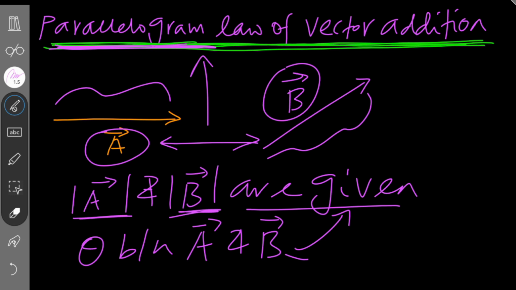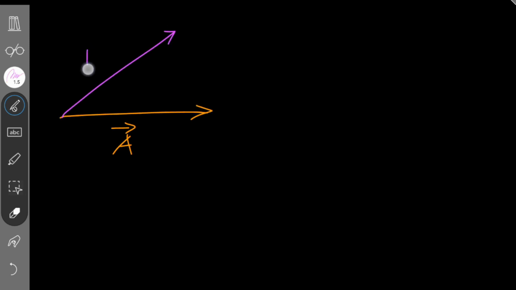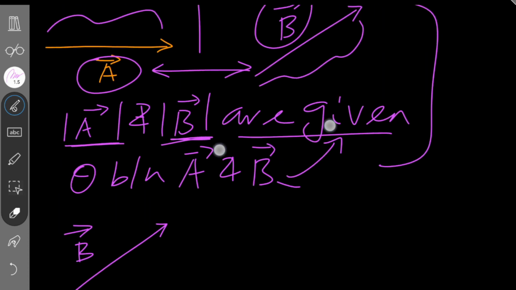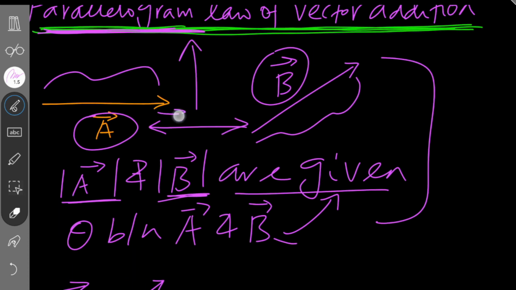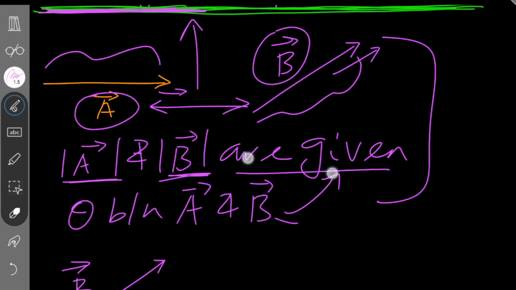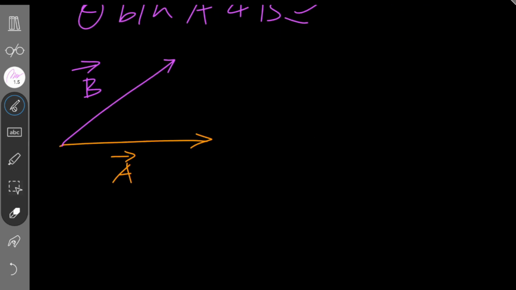This is vector A, this is vector B, placed without changing its magnitude and direction. Then the angle between the two vectors is theta. Then how to calculate the resultant of this and this.